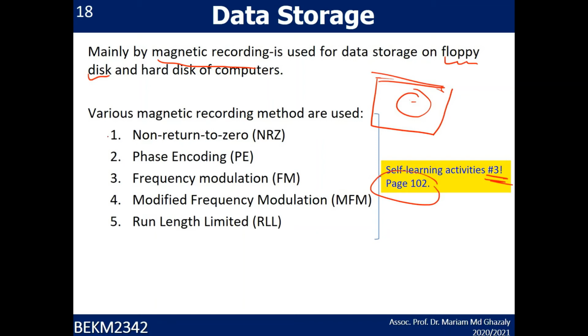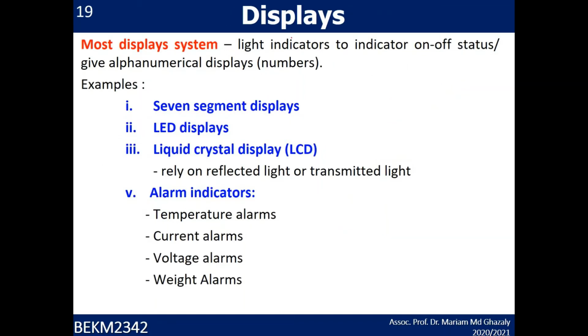What does it mean by non-return to zero? What does it mean by phase encoding? What does it mean by frequency modulation, modified frequency modulation, and run length limited? So this will be some self-learning, other than referring to what I have explained in this video.